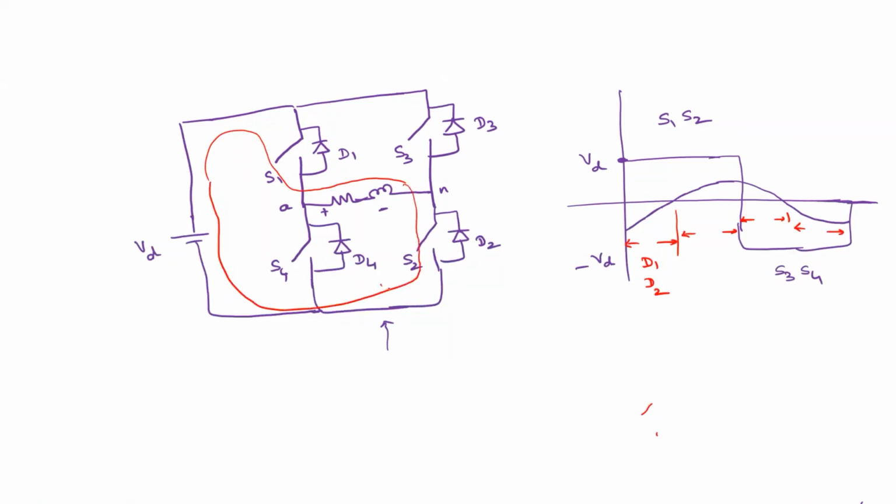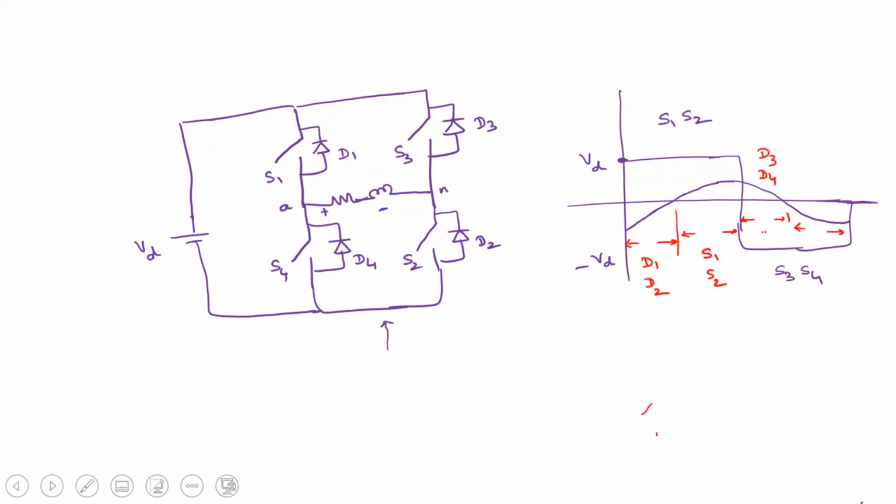Similarly, in mode 3, D3 and D4 are in conduction. Mode 3 is still positive current, so the current flows like this.